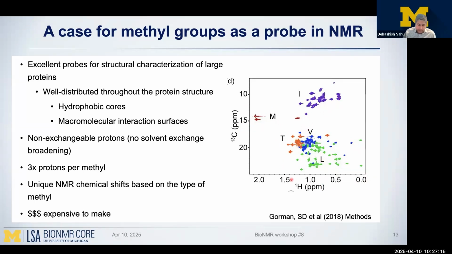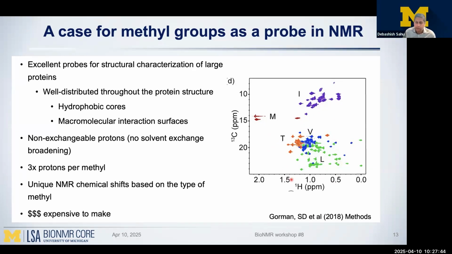When you do these three-dimensional NMR experiments that we talked about in workshop number 3 and 4, you will notice that these show up there as well. These are the terminal regions of the assignments when you do those sidechain assignments. So if you go to those workshops and look at the sidechain assignments, that's what we are talking about. This is just the region where they'll show up, and it is a very unique thing about these methyl regions.